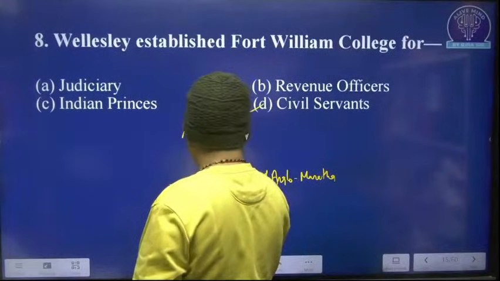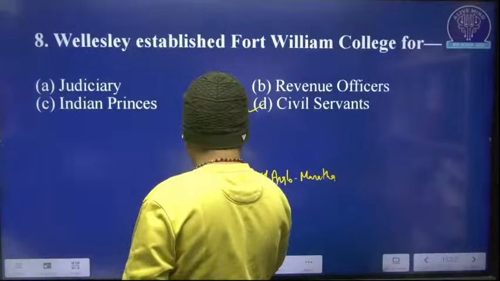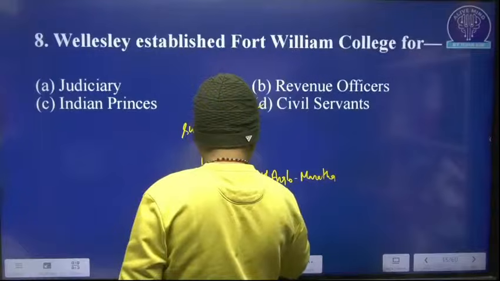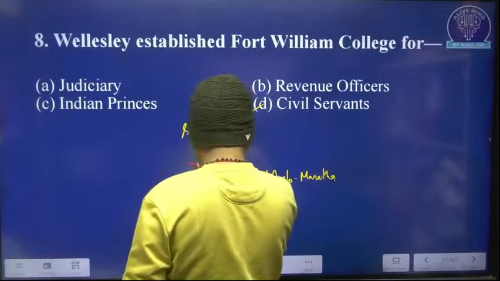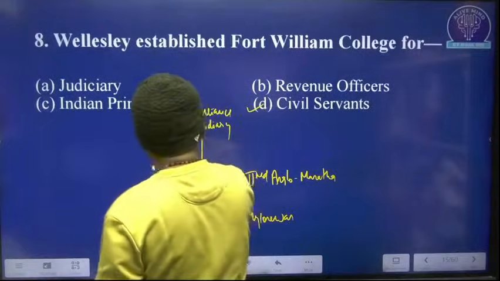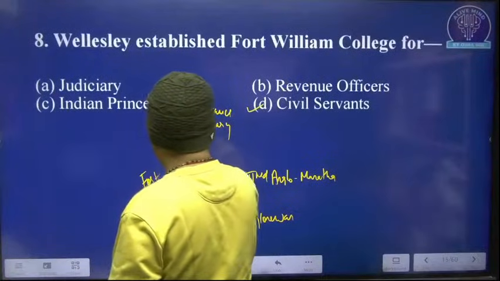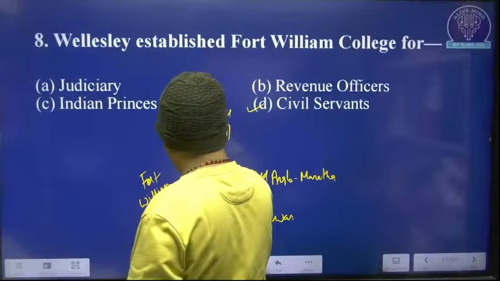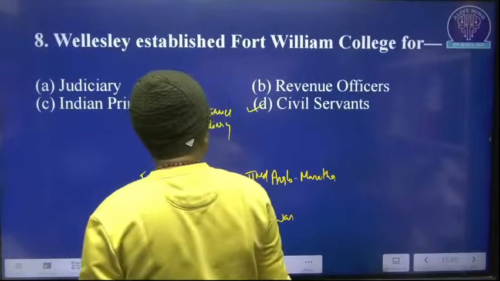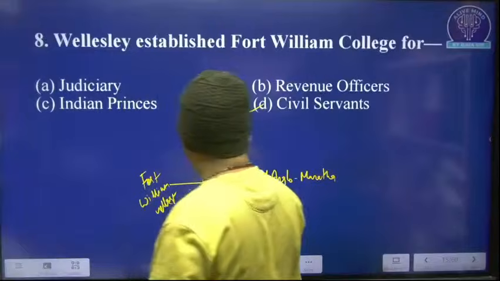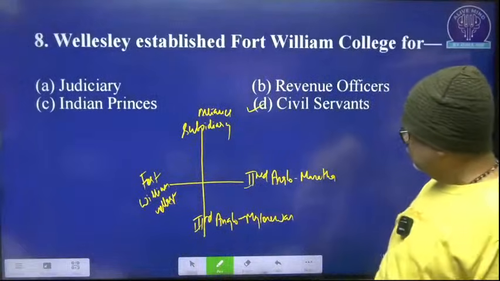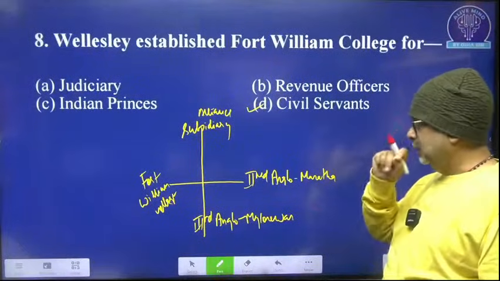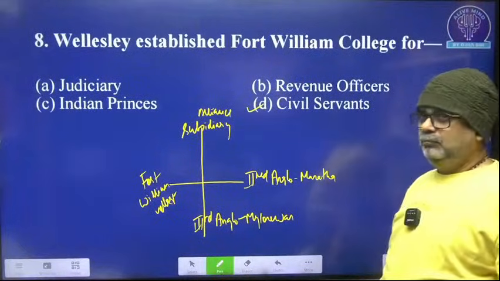Third Anglo-Mysore War. Fourth, Fort William College, but it was closed after some time. Wellesley.